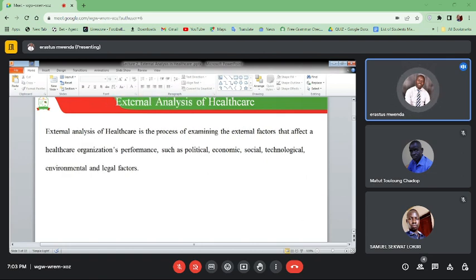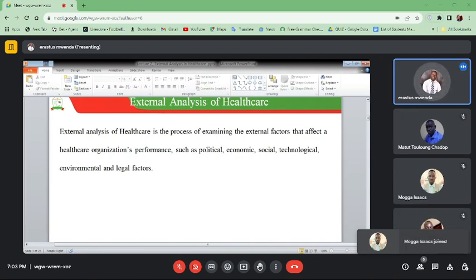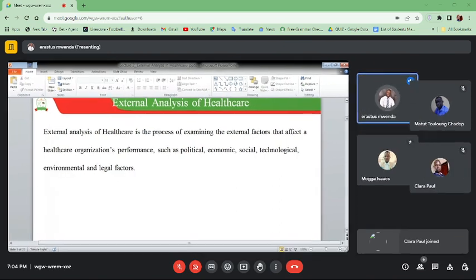So now we discuss the aspects of external analysis in healthcare, and we are saying external analysis in healthcare is very, very critical. And we are going to be seeing a number of tools that we use. When we are doing external analysis, it's simply the process where we examine external factors that affect the healthcare organization's performance, such as political, social, technological, environmental, and legal factors.